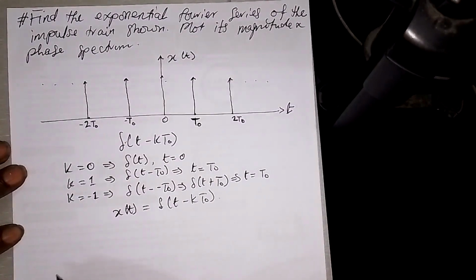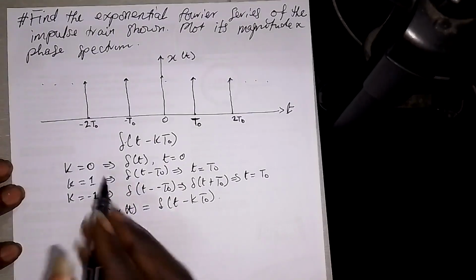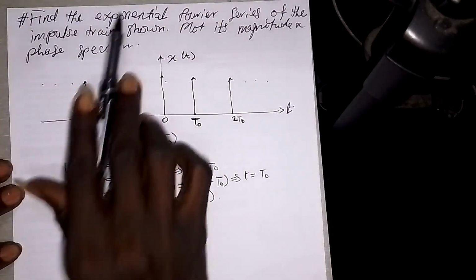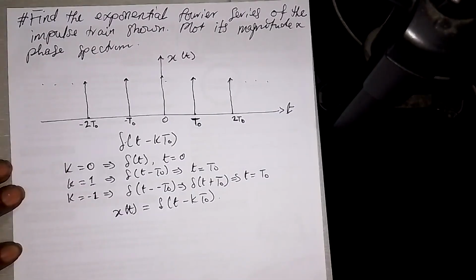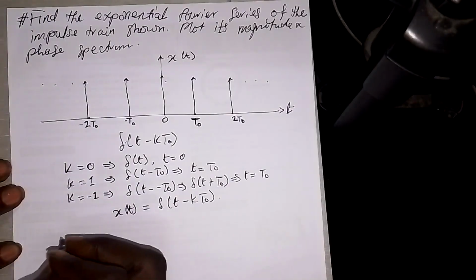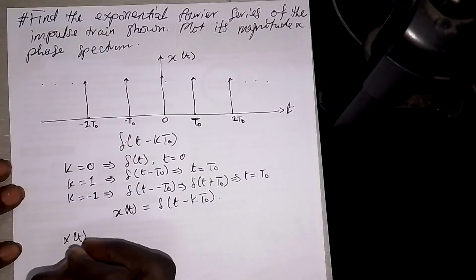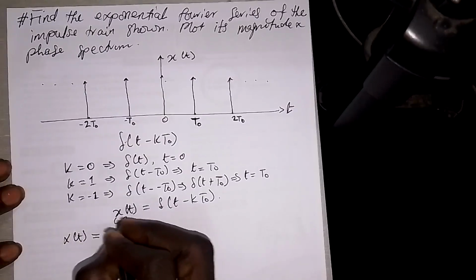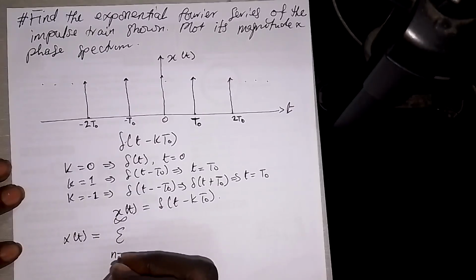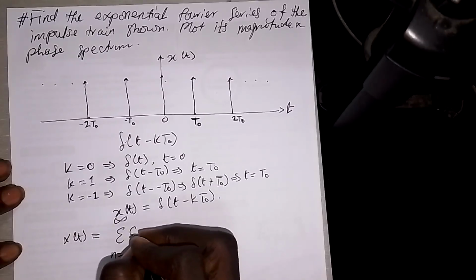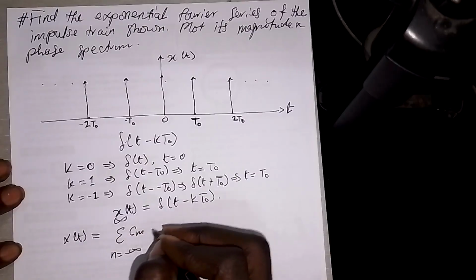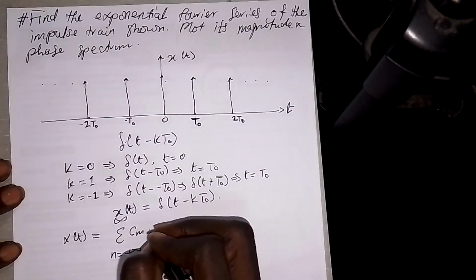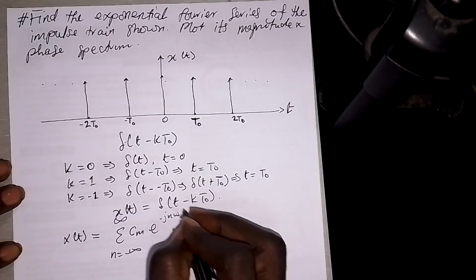Now here we're supposed to deal with the exponential Fourier series, and we know that for the exponential Fourier series, x of t is equal to the summation from n equals minus infinity to infinity of Cn e to the j n omega naught t.